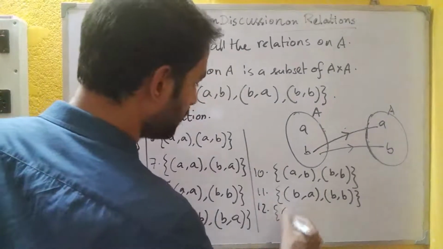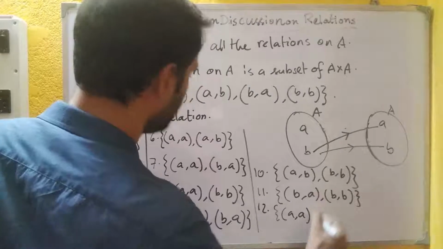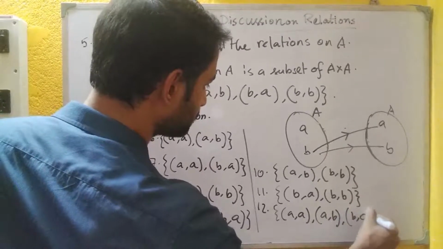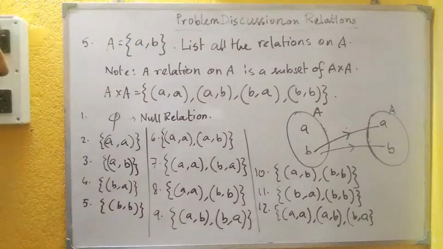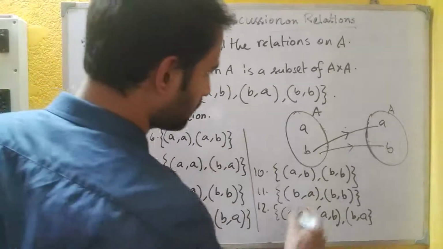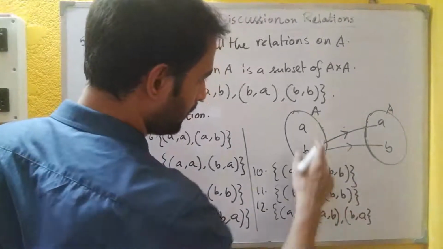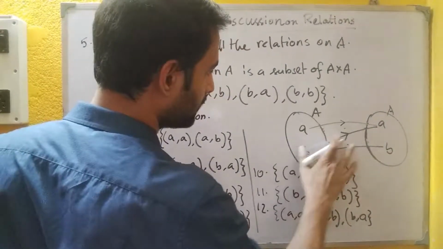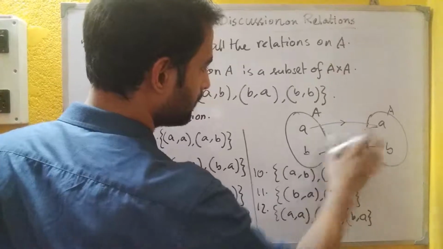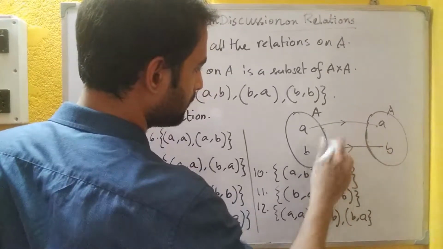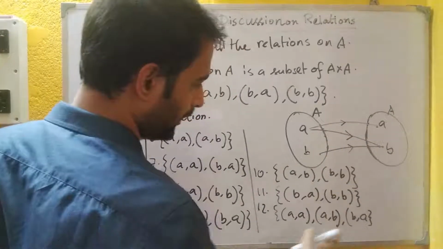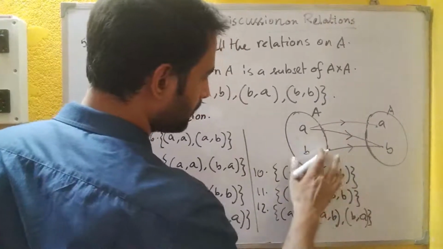So the first three element set will be taken like this: ordered pair AA, AB, BA. So AA means A is related to A, AB means A is related to B, and finally it is BA.